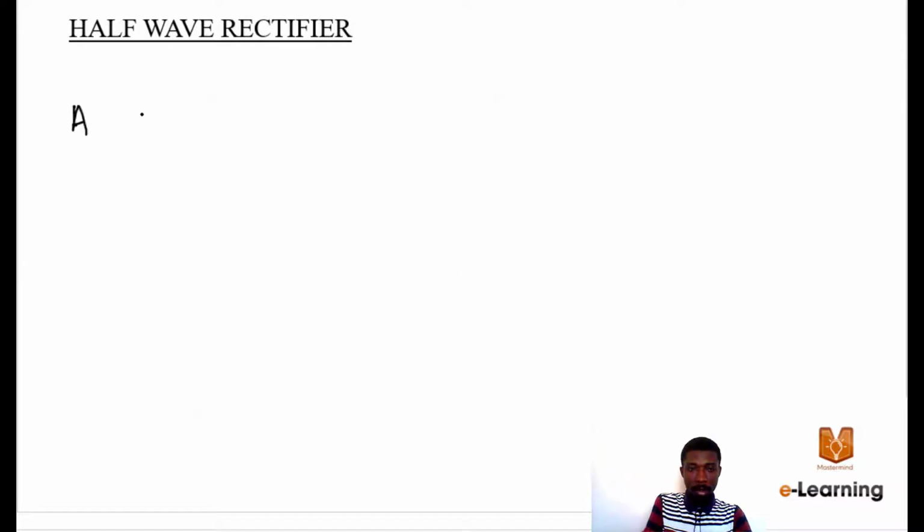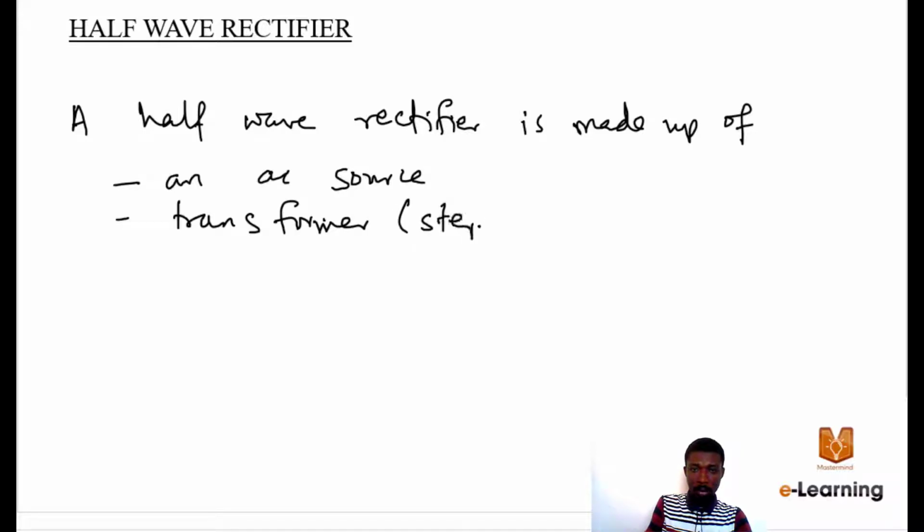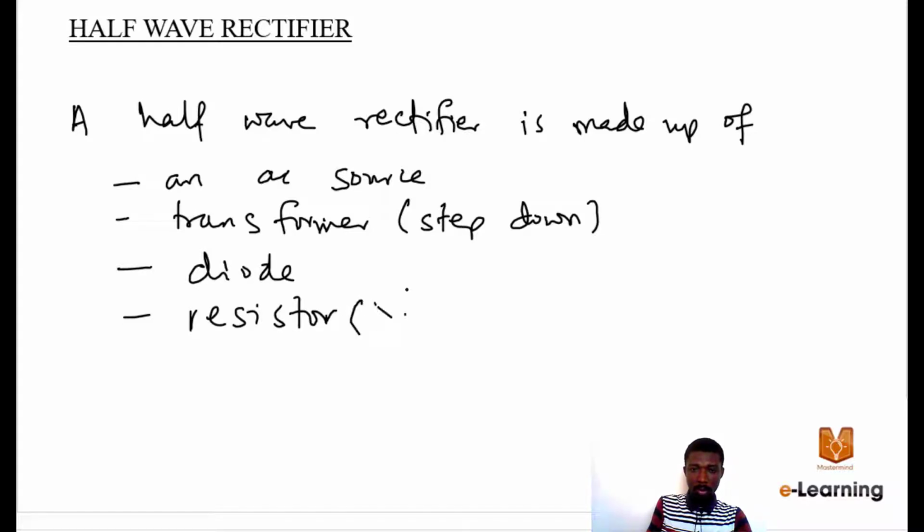A half-wave rectifier is made up of an AC source, a transformer, mostly a step-down transformer, then a diode, and a resistor, sometimes called a load.